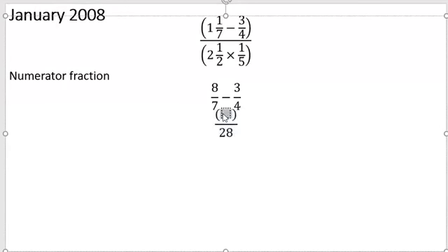So we say 7 into 28 goes 4 times. 4 times 8, 32, minus 4 into 28 goes 7 times. 3 times 7 is 21. So what we have is 32 minus 21, and that will leave us with 11 over 28, and that is for our numerator.